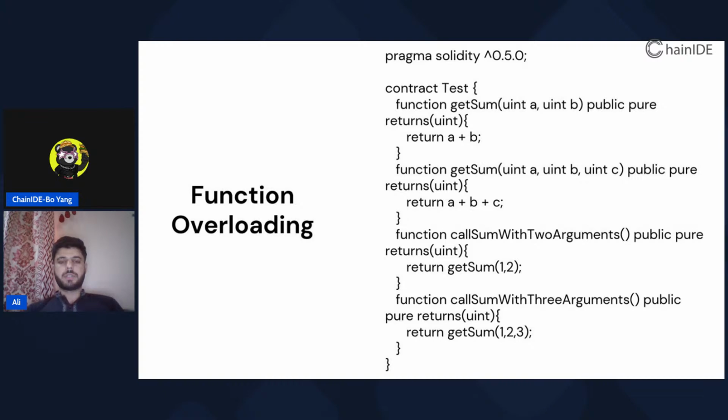The first function takes two arguments, and the second function takes three arguments. The same is the case with function third and function fourth. In function third, we are returning two values, but in function fourth, we are returning three values. So the number of arguments should be different. The name could be the same. So this is function overloading in Solidity.